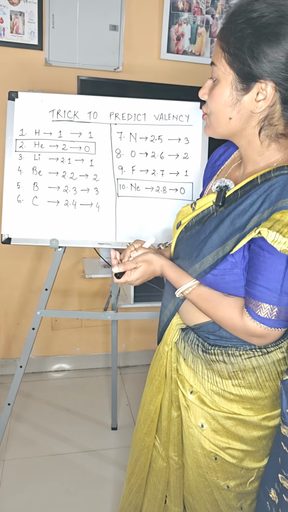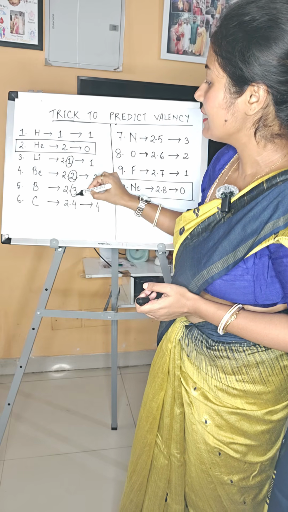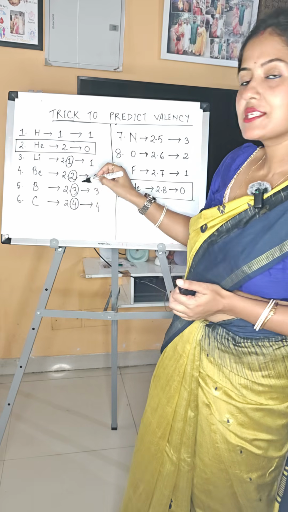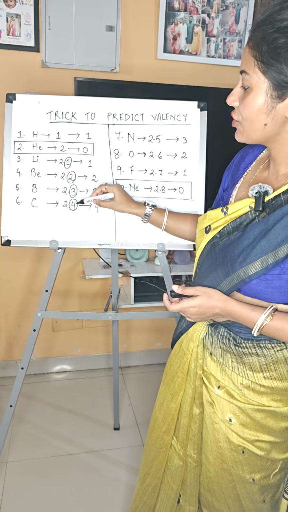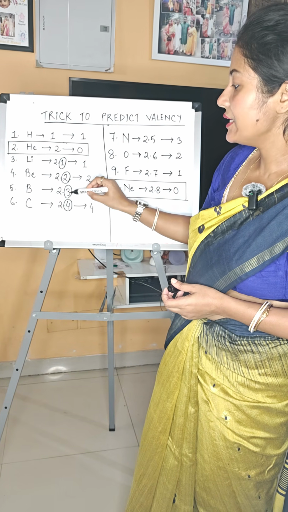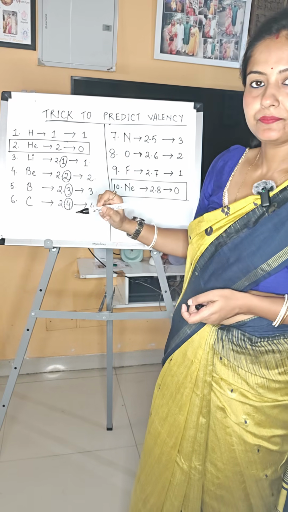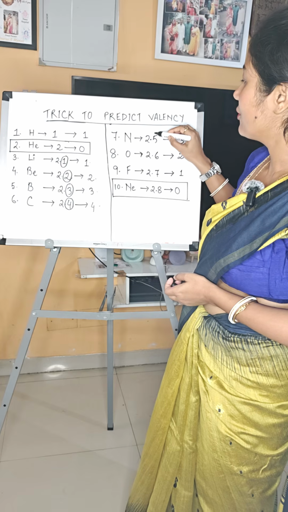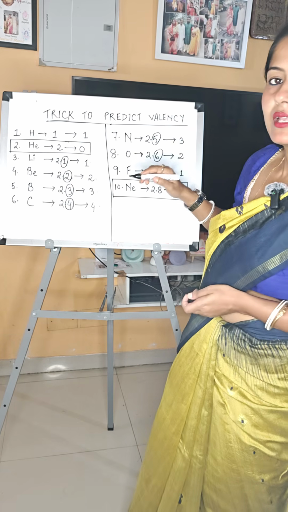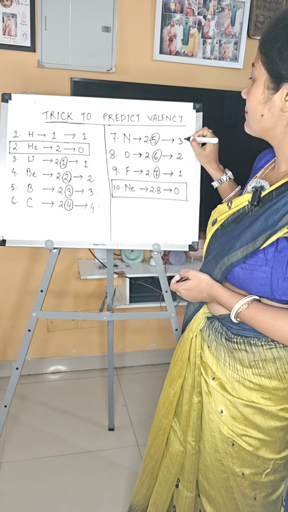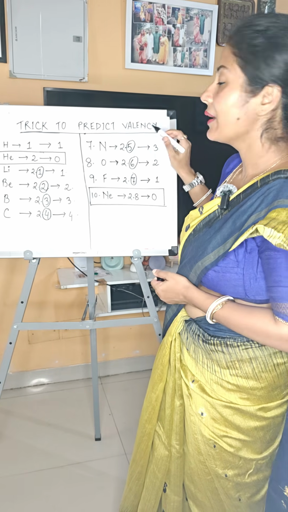The electrons in the last shell of an element are called the valence electrons, and the last shell is called the valence shell. If the number of valence electrons is 1, 2, 3 and 4, then the valency will also be 1, 2, 3 and 4. And if the number of valence electrons is more than 4, that is 5, 6 and 7, then you can predict the valency by subtracting the number of valence electrons from 8.